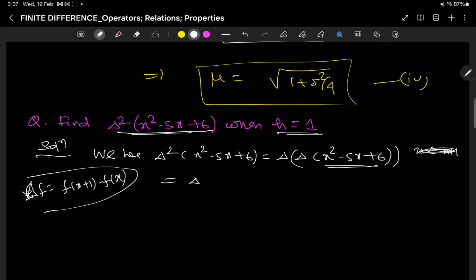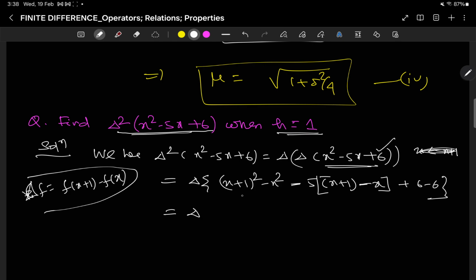So this is del of x plus 1 square minus x square minus 5 into x plus 1 minus x, and plus del is operated upon this. It will simply be 6 minus 6. It will not work. Okay. So now if you simplify it, it will give you del of 2x minus 4.